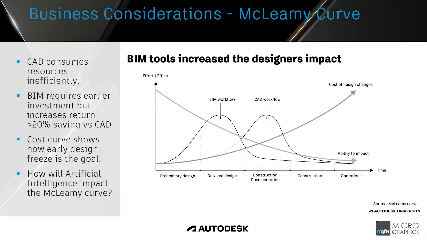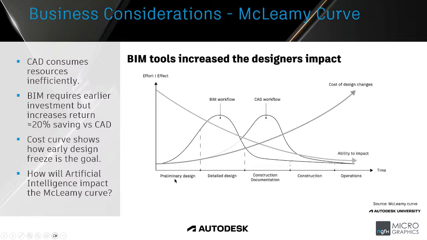Here is the McLeamy curve, and it pays to have a look at this. First of all, we'll see that we've got two axes. The vertical axis is the effort or the effect, and the horizontal axis is time. At the base axis, we can see that we've got the preliminary design phase.